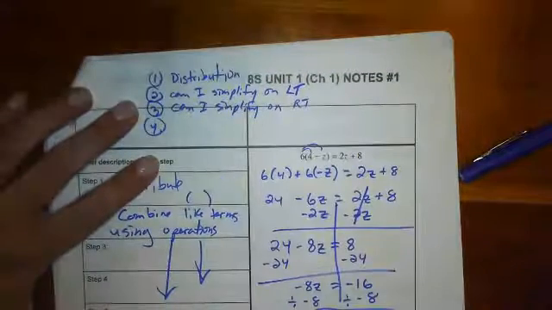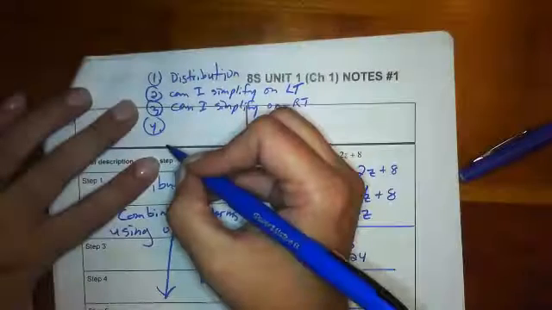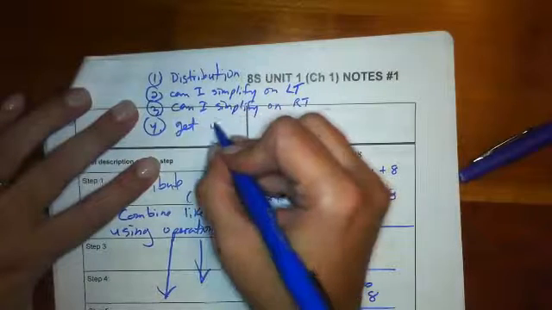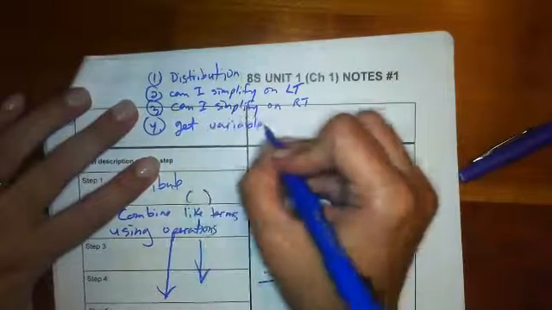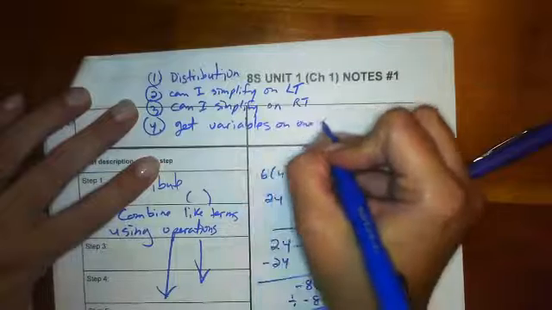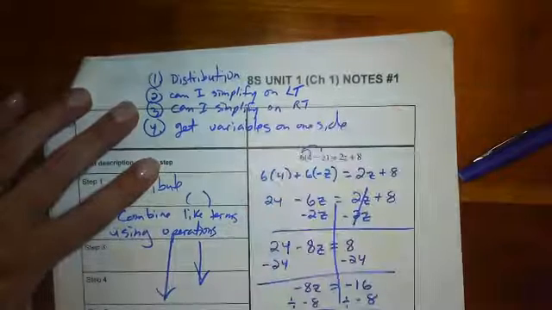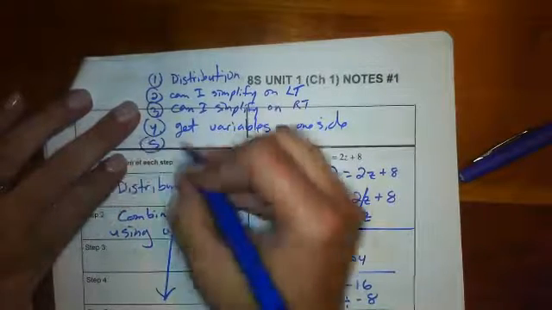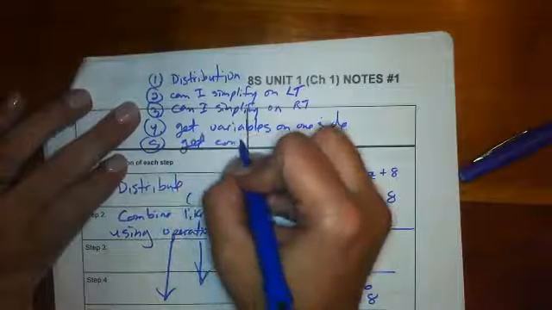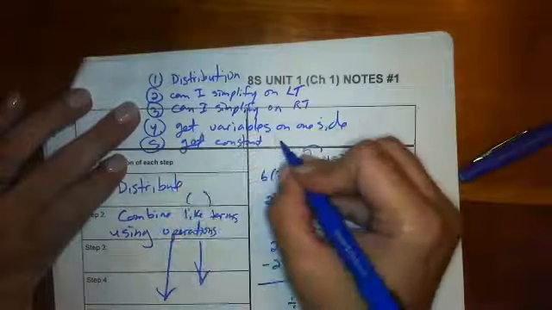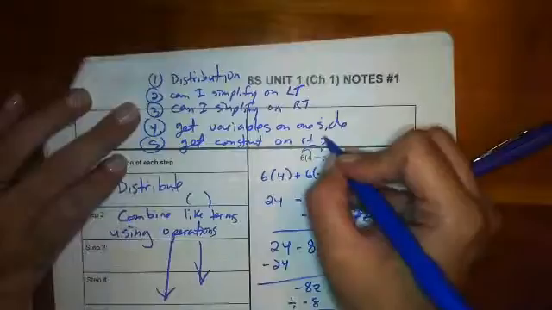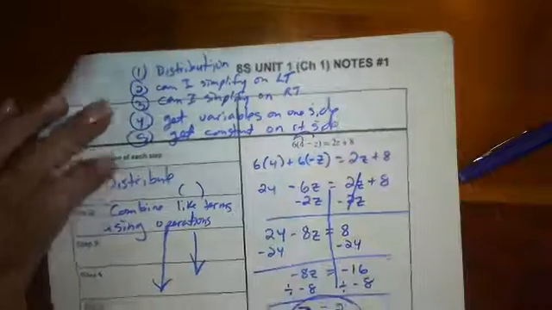Then let's get the variable on one side, preferably the left side. And then I'm going to get the constants on the right side. And that's how I do it.